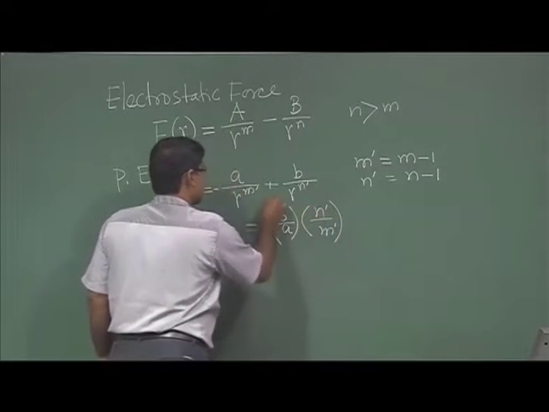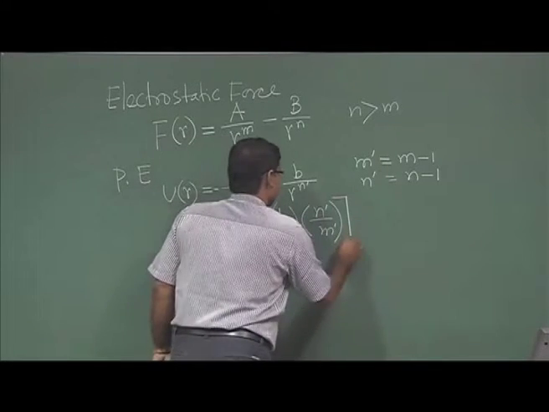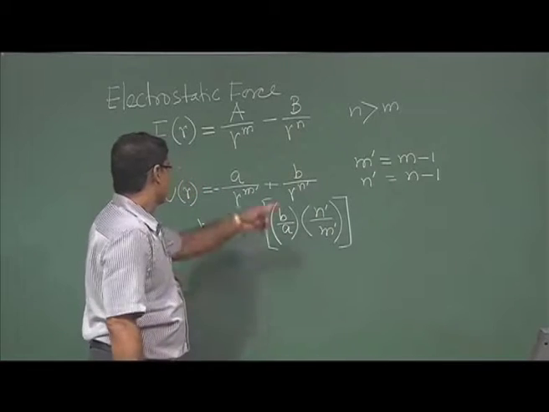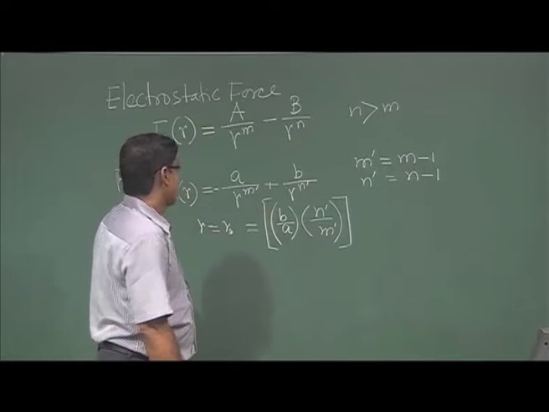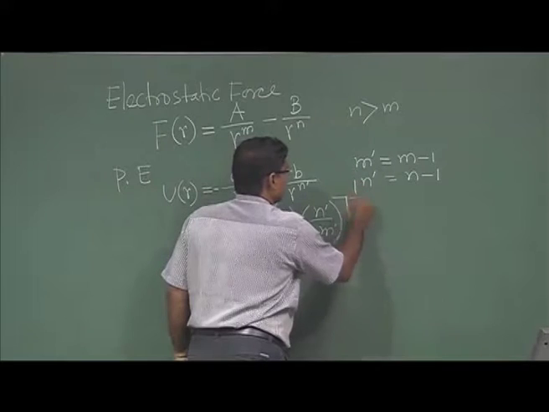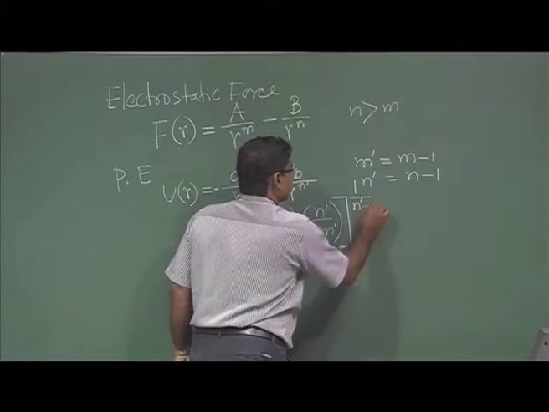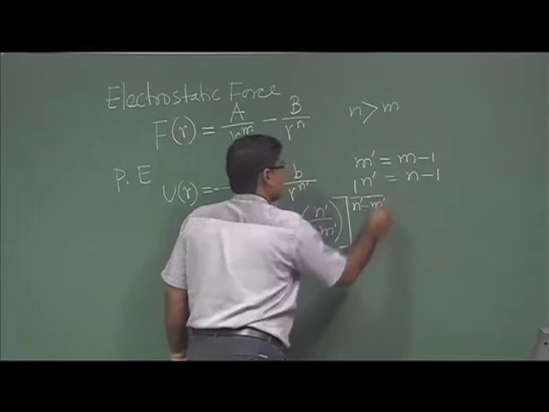So, the dash was missing in last class. So, one has to put dash, to the power 1 by n dash minus m dash.